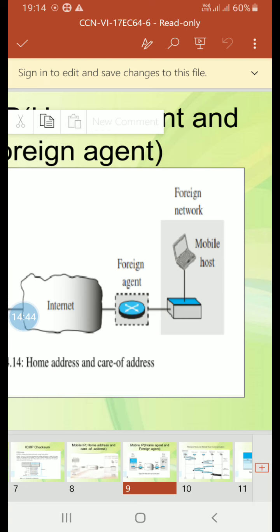What is the advantage of having a collocated care-of address? The mobile host can move to any network without worrying about the availability of a foreign agent. The disadvantage is that the mobile host needs extra software to act as its own foreign agent.